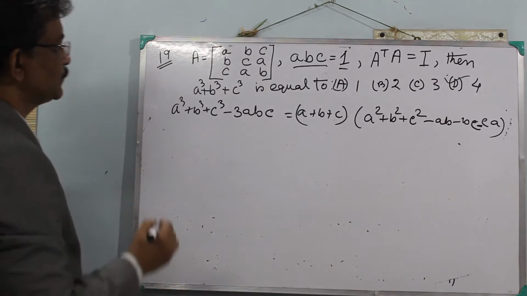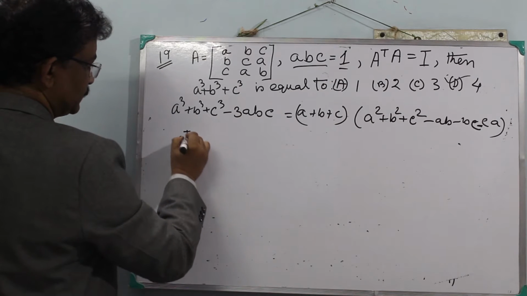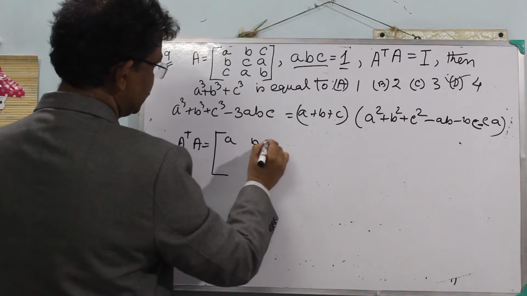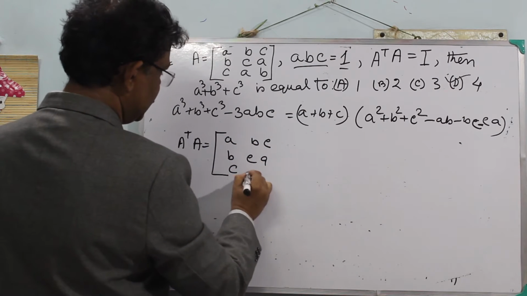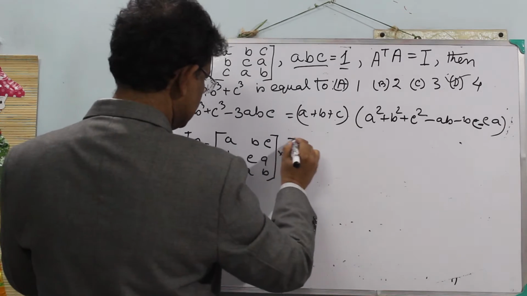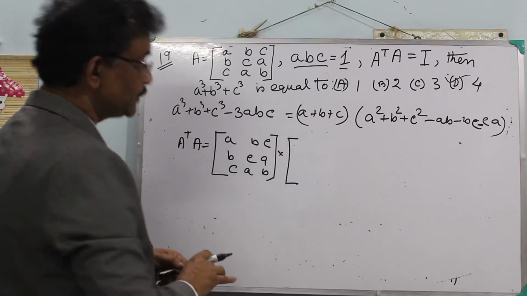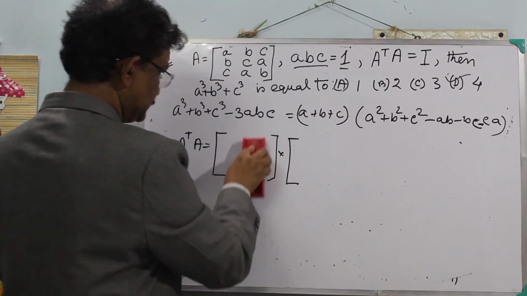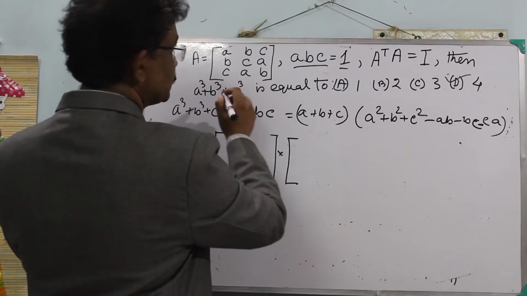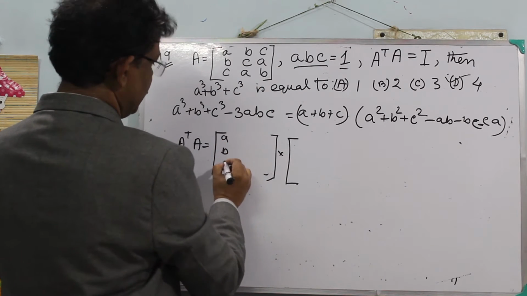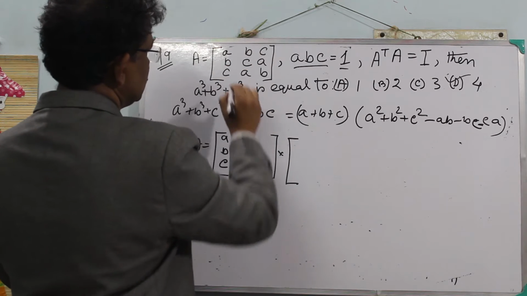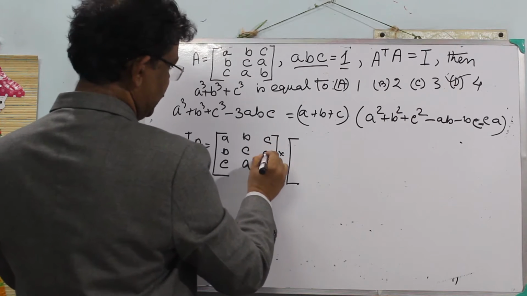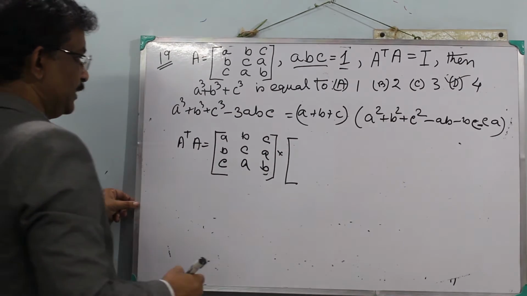Let us calculate A transpose into A. A transpose A equals the matrix with rows a b c, b c a, c a b, into A transpose, which is the same, that means this is a symmetric matrix.